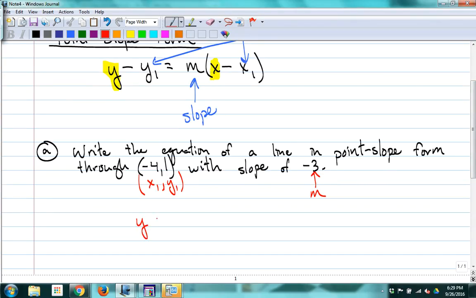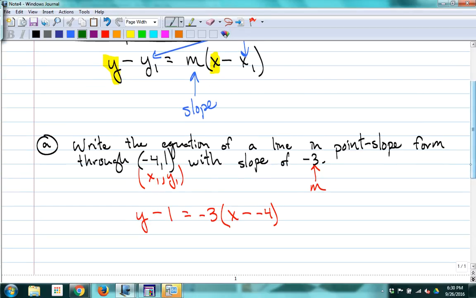So we're going to have y minus the y value. What's the y value from that ordered pair? 1. So y minus 1 is equal to the slope, which for this problem is -3, parentheses, and then we need x minus -4. The only thing we need to do is simplify if we can to get it in point slope form.